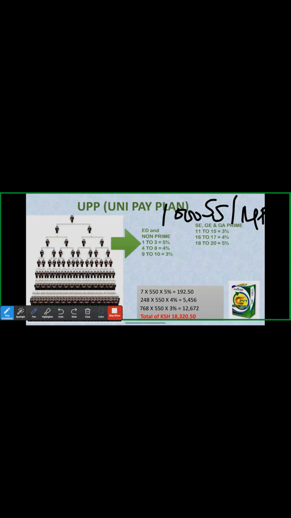So when you register someone in the business for the stair step, okay. For the stair step, we were calculating 10%, because 10% is for someone who is Silver Executive and above. But for UPP, the same 1,000 UPP points, you earn it in this way.